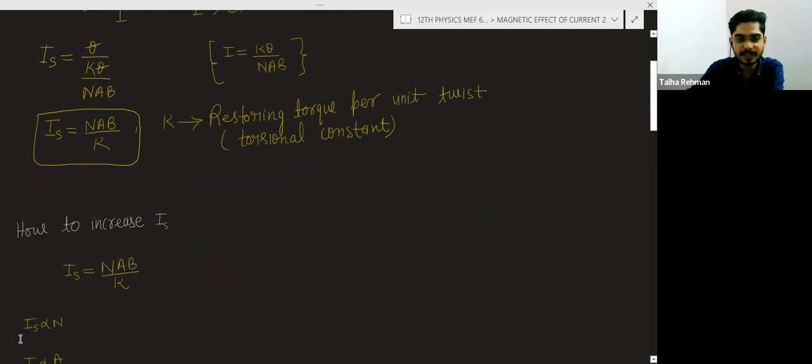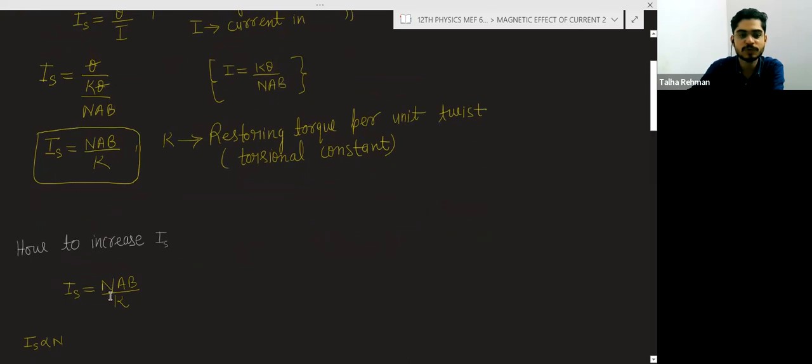So you can say that current sensitivity is directly proportional to the number of turns. So when you increase the number of turns, your current sensitivity will increase. Okay, this arrow in the upward direction represents the increase.